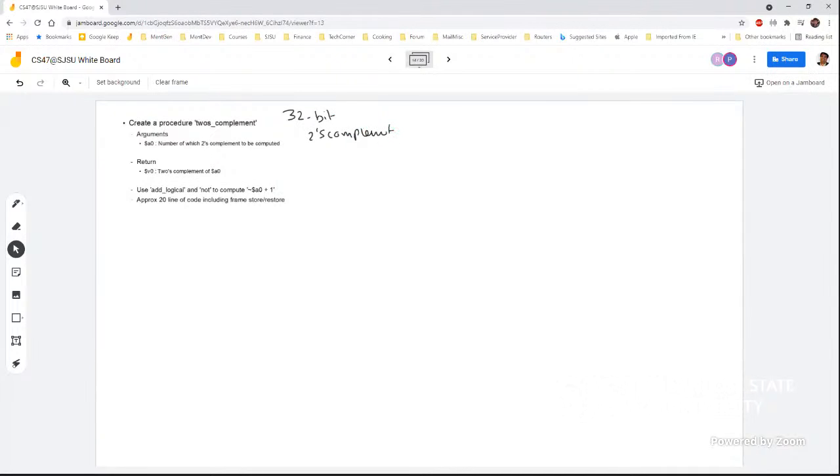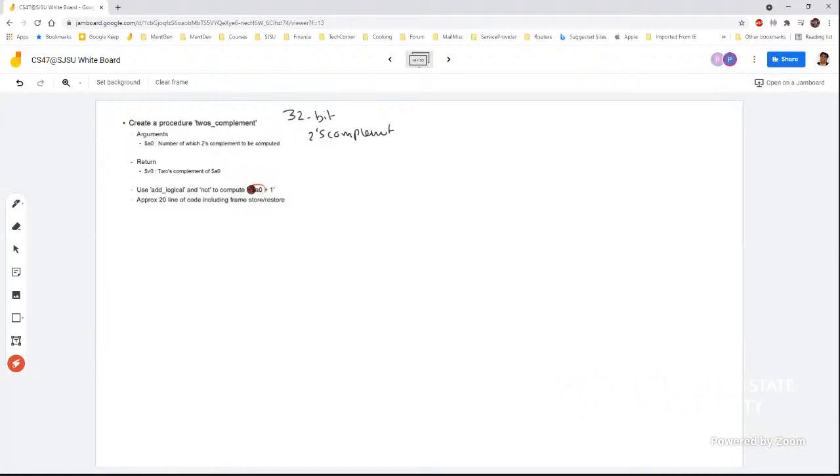It takes one argument, A0, the number which needs to be two's complemented, and then the return would be in V0. So use your add logical and not to compute. You need to invert A0 with a not, I think there is a not in MIPS, just see what that is.